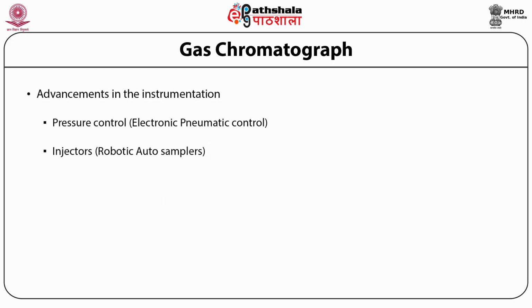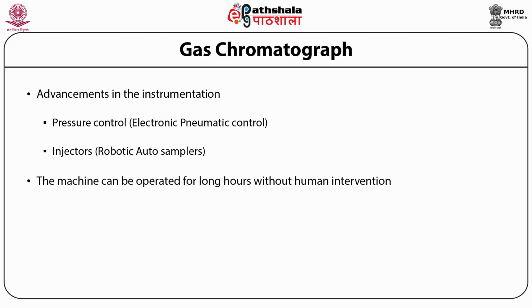With the introduction of robotic autosamplers and electronic pressure control for carrier and support gas, the gas chromatograph can now be operated for long hours without human intervention. These are some of the advancements in the instrument. This allows the researcher to return after hours or days to find the samples analyzed and data stored for further processing.